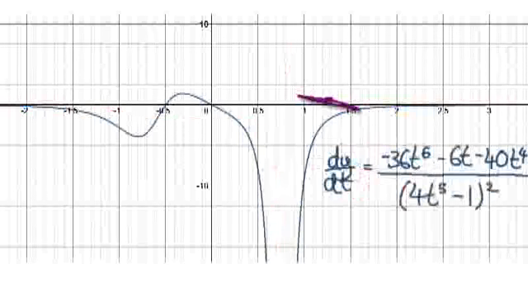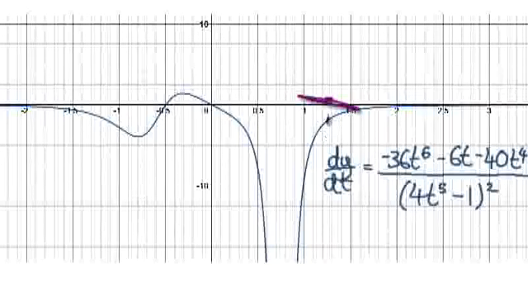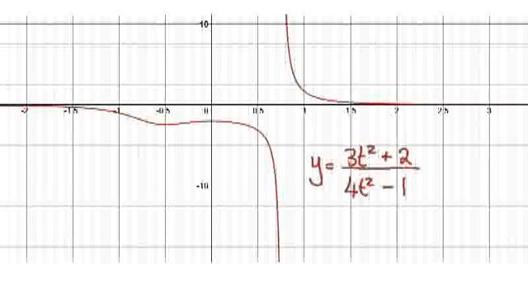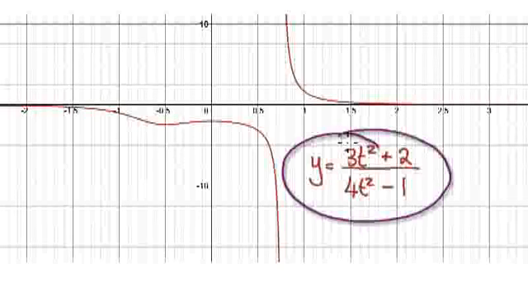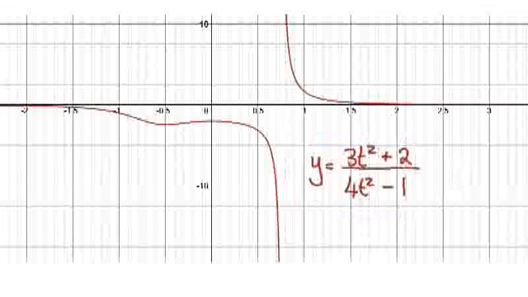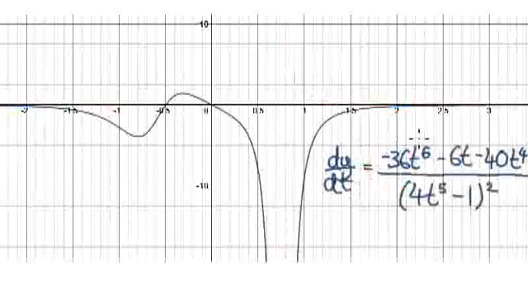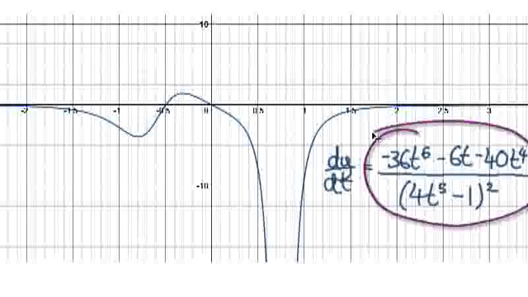So when you flip to the gradient graph, at this point here, you see it's negative, and it's only around about 0.2, somewhere around there. So the two graphs actually make sense. Okay. Well, anyway, given y equals this here, the dy by dt is given by this thing here. Okay.